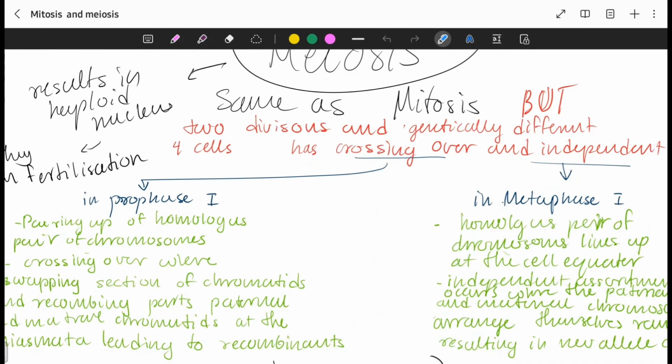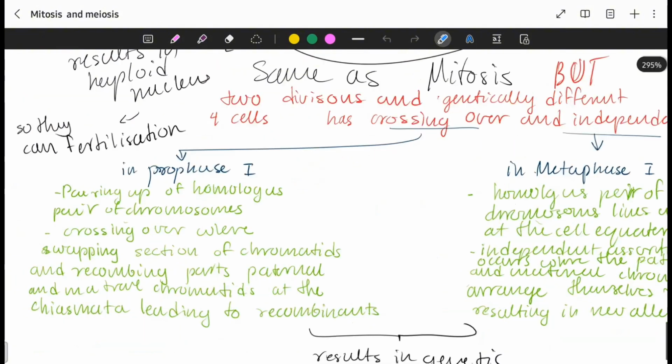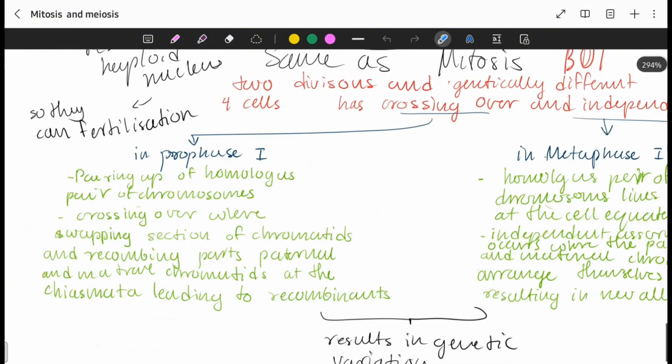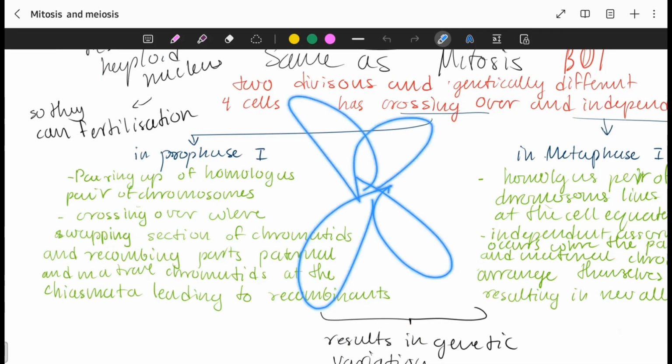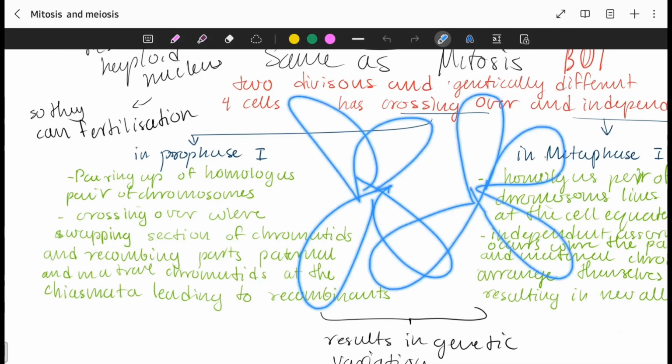So there will be one pair of homologous chromosomes, pairing up, and they will cross over. The overlapping section of chromatids, the recombinant parts, are the chiasmata. So the crossing over part that I showed you will occur here.